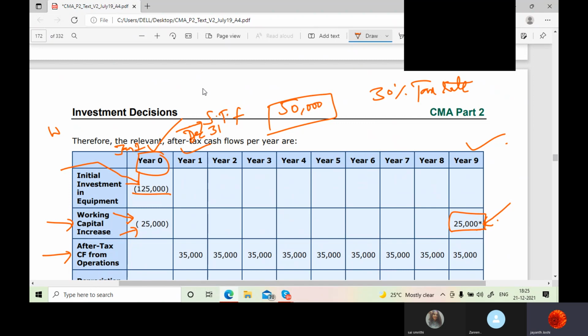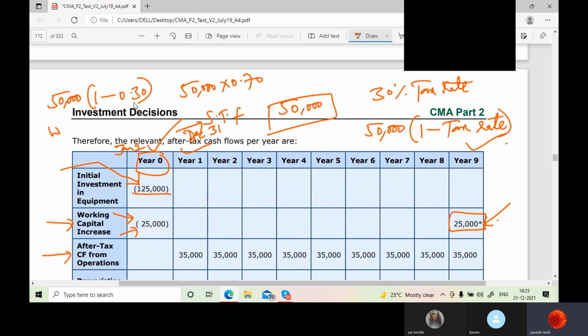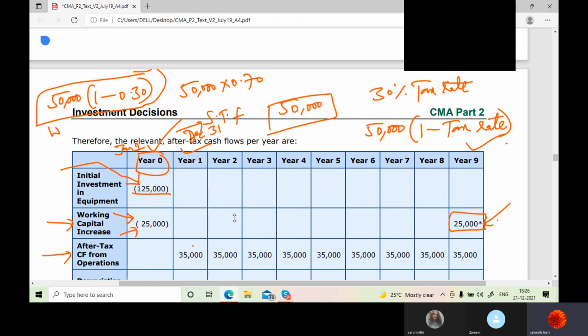So either 50,000 into 0.70, taking 70%, or 50,000 into 1 minus the tax rate, that is 50,000 into 1 minus 0.30. If you calculate this, you would get 35,000. You can do it in your calculator once.